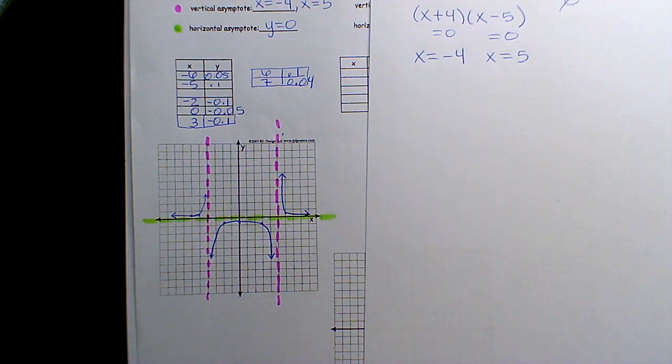If your denominator was a cubic function and the numerator had a degree 0, then you would have 3 asymptotes, and so now you have 4 sections to graph. So the way you build your table is off your vertical asymptotes: go to the left, go to the right, and then build your table.